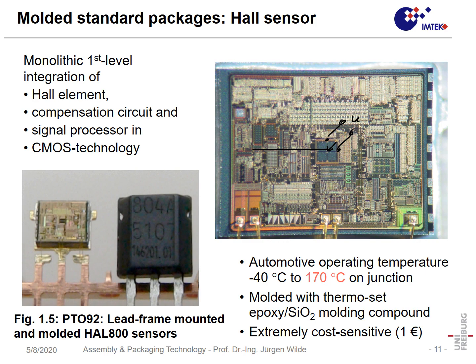In that way, people in IC companies thought about how to improve such sensors, and so on-chip instrumentation was added. Besides the Hall element, we have a compensation circuit. We have even a signal processor.